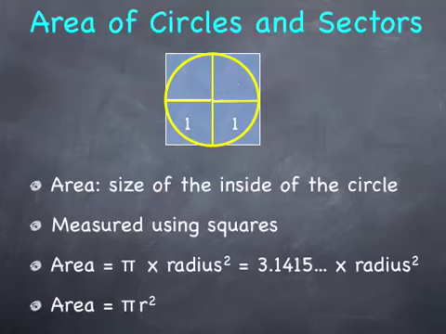And each little sector there has an area of 0.7854 and so on. When you add them up, they add to pi. So the point is it's not 4 times radius squared, it's pi times radius squared, 3.1415 and so on. Just a little bit of knowledge there about why the formula actually works. So it's pi r squared.